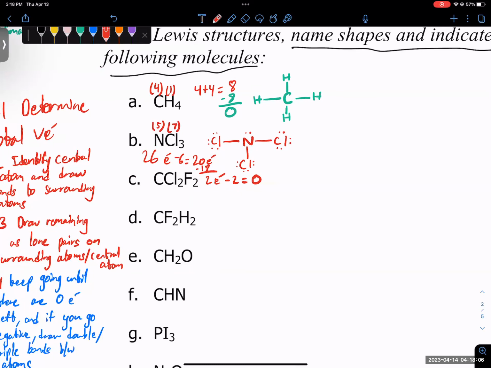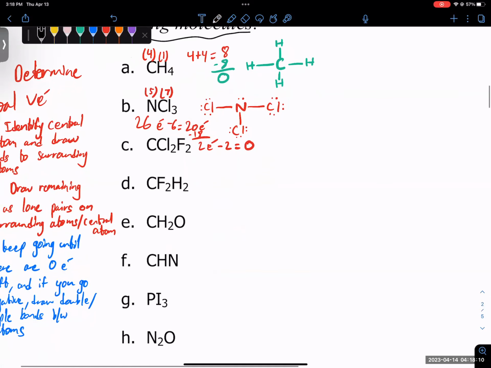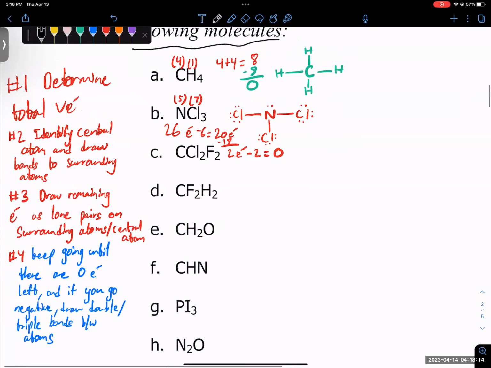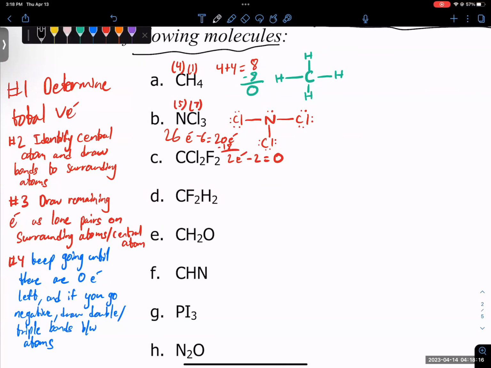So I want to jump down to E, all right? First, let's identify how many valence electrons, because that's what Rich said is our first step. Determine the total number of valence electrons, and how many does carbon have? Carbon has 4.